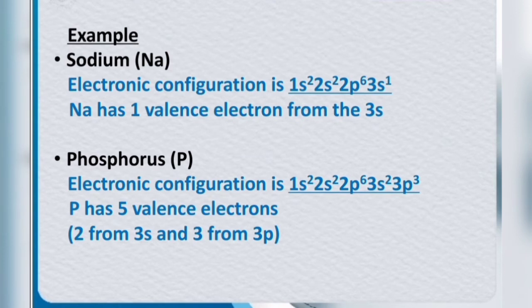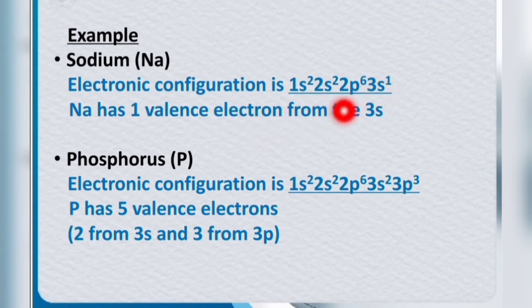Example, sodium. The electronic configuration of sodium is 1s2, 2s2, 2p6 and 3s1. Valence shell is 3.